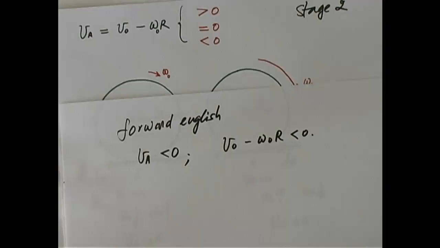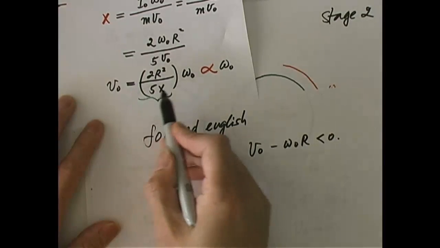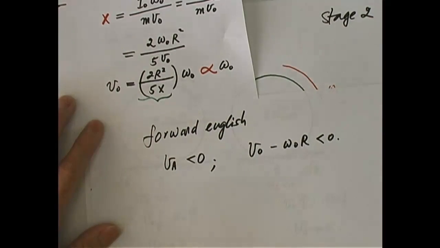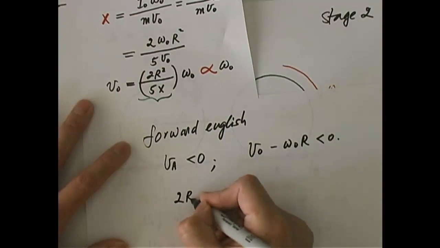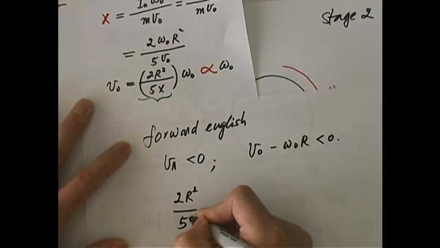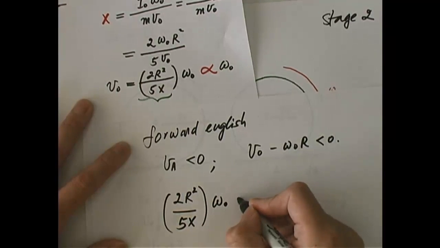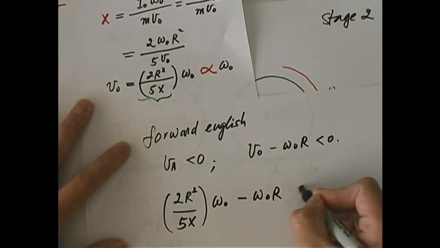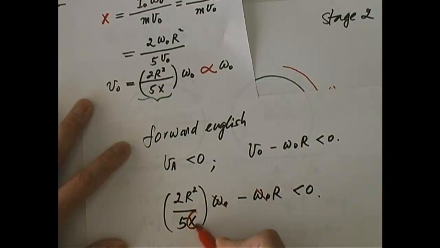And we know what VO is, and we know what omega O is. In fact, look at this formula here. VO equals this constant times omega O. So let's plug that in. I have 2R squared over 5x times omega O. That's VO, right? Minus omega O times R. That has to be less than 0 for forward English to take place. You cross out omega O and omega O. You can solve for x.